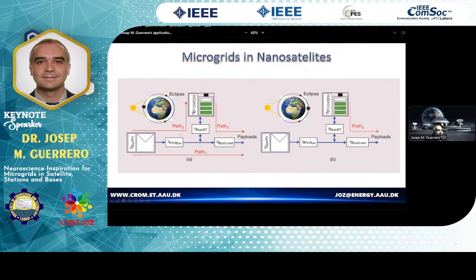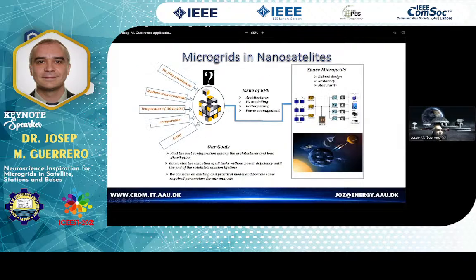But it's very important to think that when we talk about geostationary applications, we have eclipses very often. So we need to be sure that the system is designed to support the eclipse between, let's say, the sun and the satellite by the Earth.